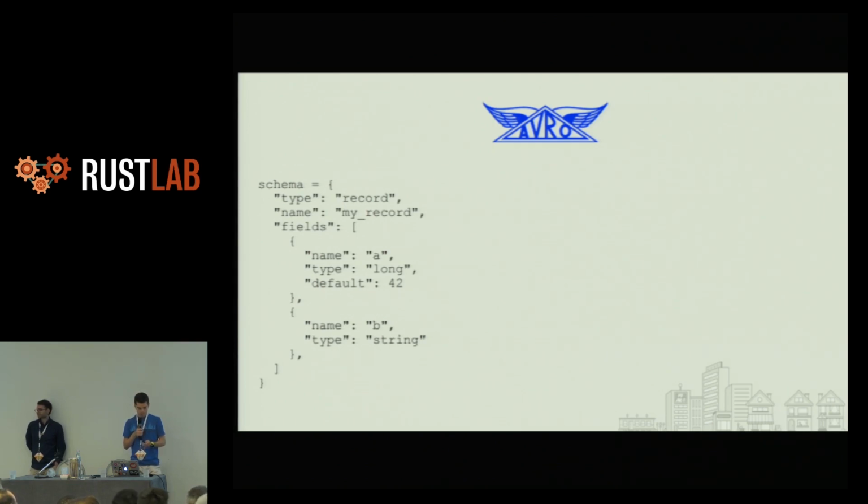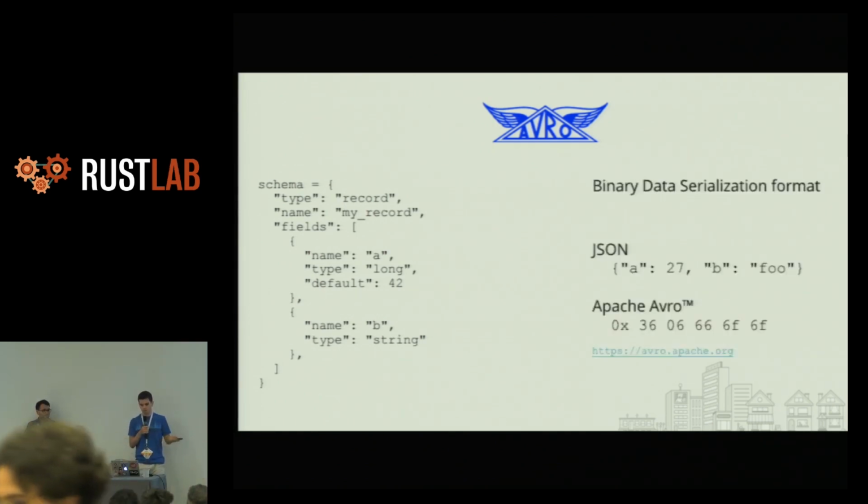Avro is binary, so unlike JSON, which is text-based, with Avro you just get bytes that you can send over the network or whatever. And serialization and deserialization is usually hard on the CPU. So usually, if you use Python, which doesn't shine with CPU intensive tasks, you're going to have some problems.